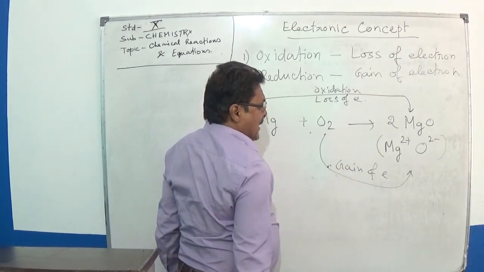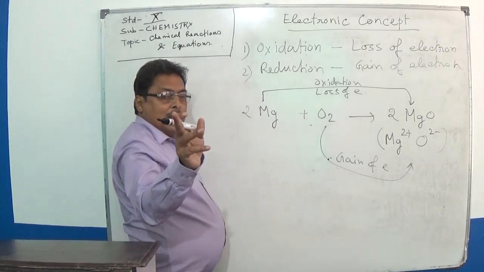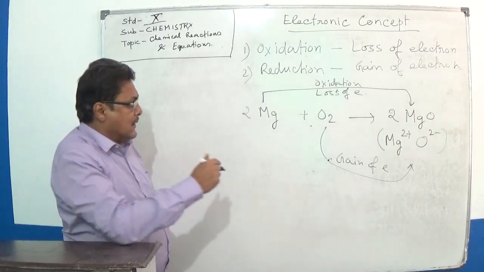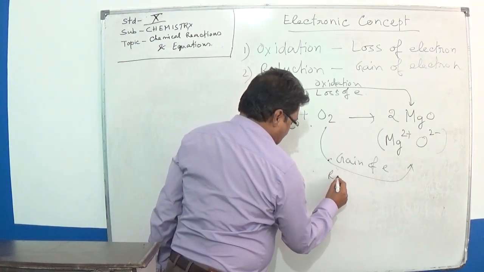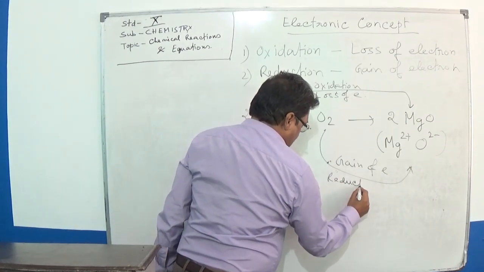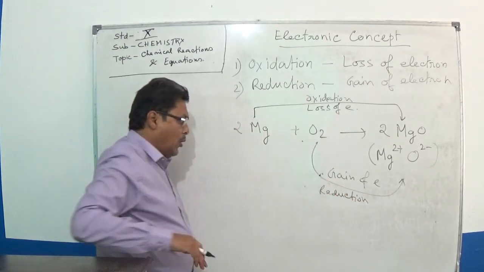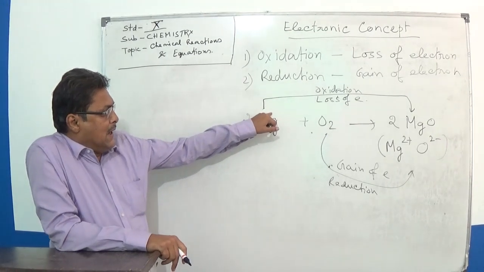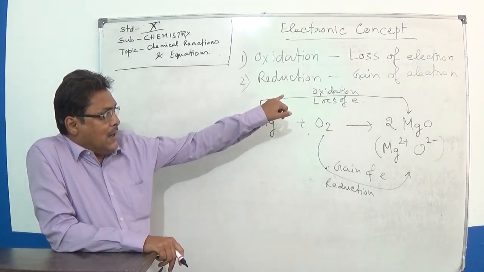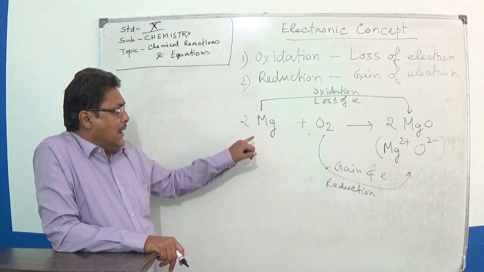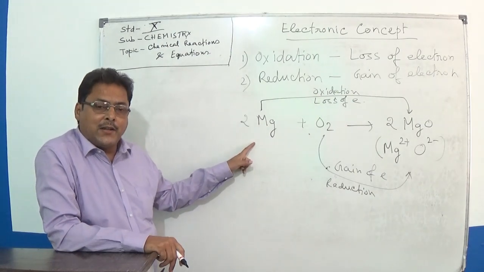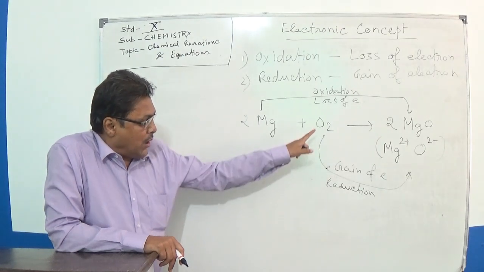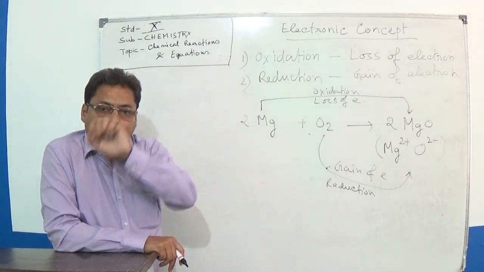And oxygen has gained electrons. That is the reduction. So according to this conception, since magnesium has been oxidized, it is the reducing agent here, and oxygen has been reduced, so it is the oxidizing agent here.